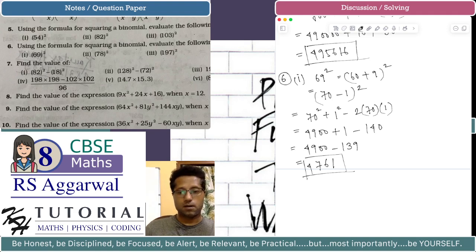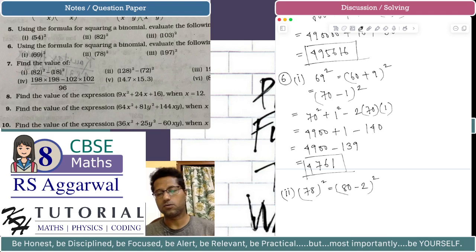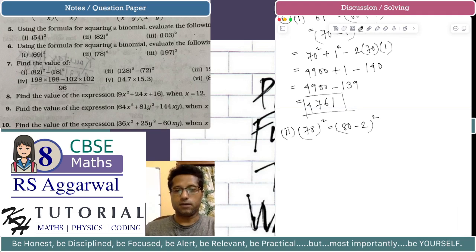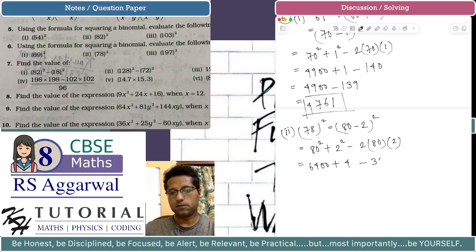Okay. Part 2 is 78 square. Definitely I would like to write it as 80 minus 2 whole square instead of 70 plus 8 whole square. So this is equal to 80 square plus 2 square minus 2 into ab, that is 2 into 80 into 2. 80 square is 6400, plus 2 square is 4, minus 320.